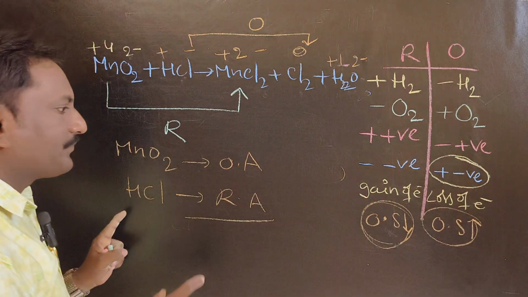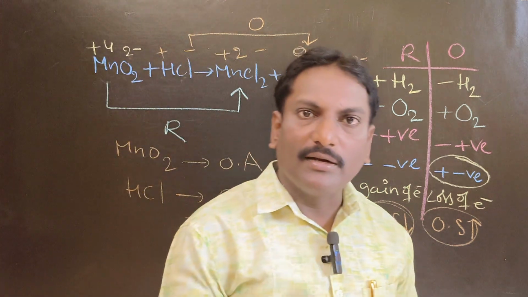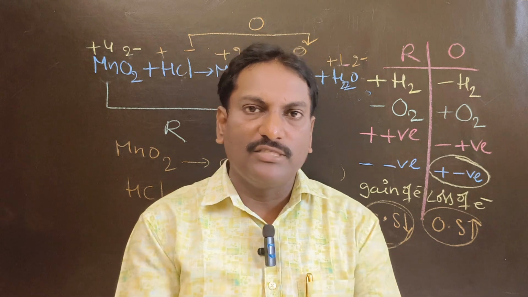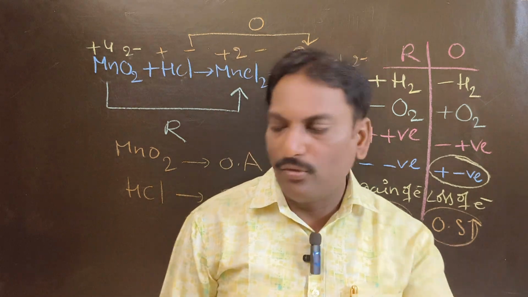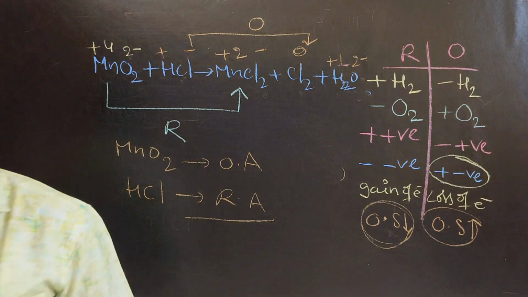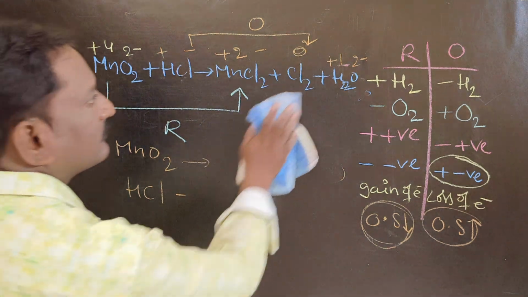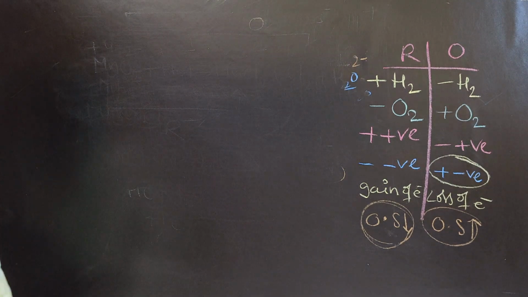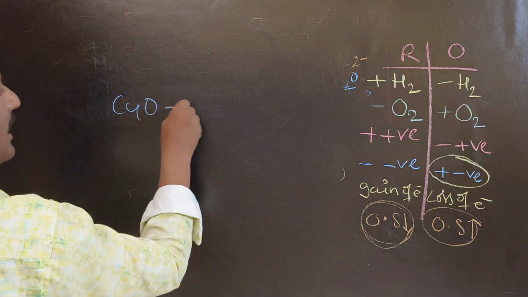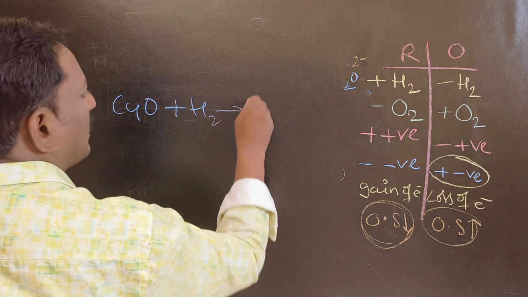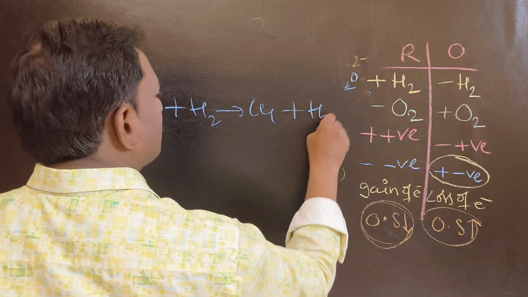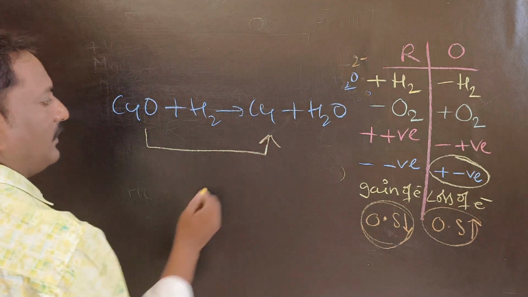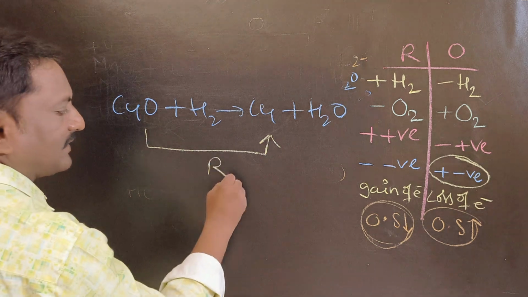So these are the few words regarding redox reactions. Before we close this session, let me give one more example for you. Let us understand, right? Copper oxide reacts with hydrogen to give copper plus water. In this one, copper oxide is converted into copper. So removal of oxygen is the reduction.